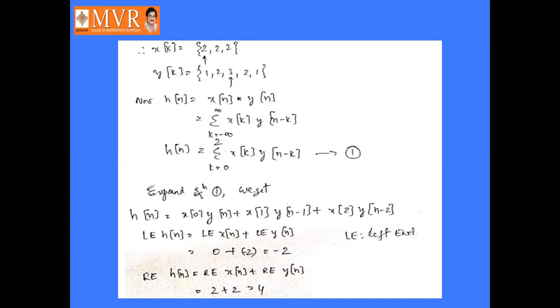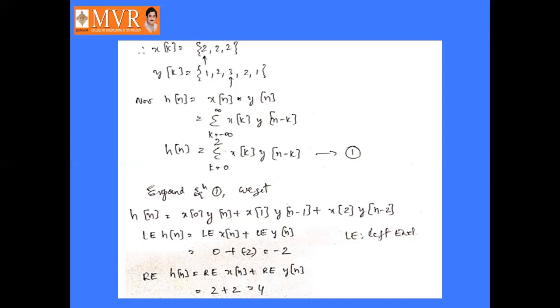Okay, so the left hand of h of n equals the left hand of x of n plus the left hand of y of n. What is the left hand of x of n? The left hand of x of n is 0. What is the left hand of y of n? That is minus 2, y of minus 2.